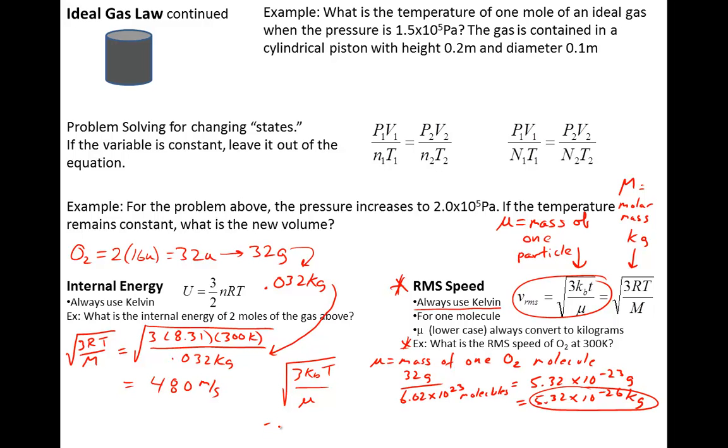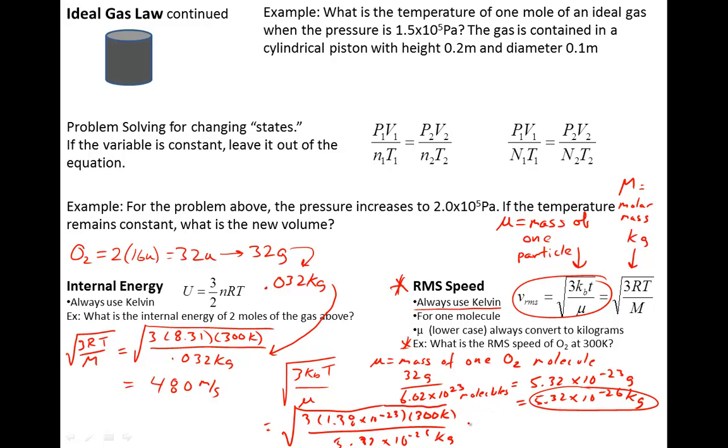So to set this up, I've got the square root of 3 times Boltzmann's constant, which is 1.38 times 10 to the minus 23rd, times 300 Kelvin, divided by the mass of one molecule of oxygen, which we found to be 5.32 times 10 to the minus 26 kilograms.